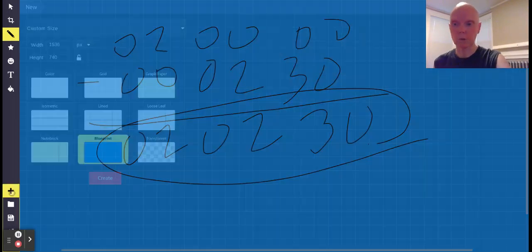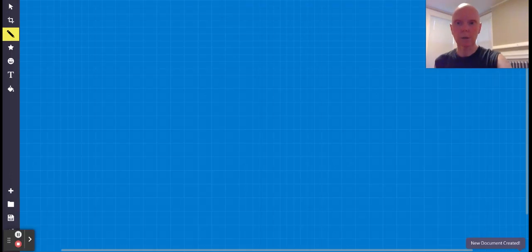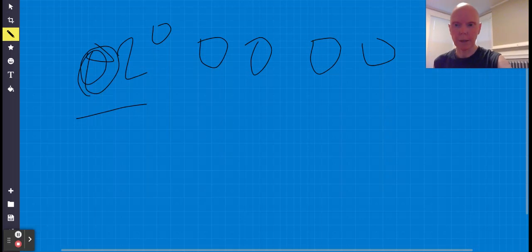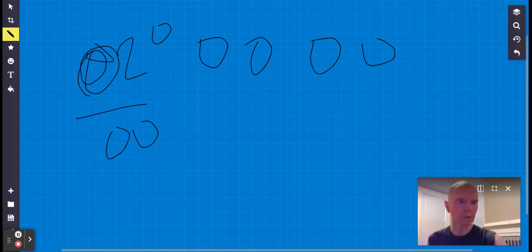So if the planet position again was 2 degrees, then we have to subtract. Sorry, this is just very messy. Let's just pull up another one.